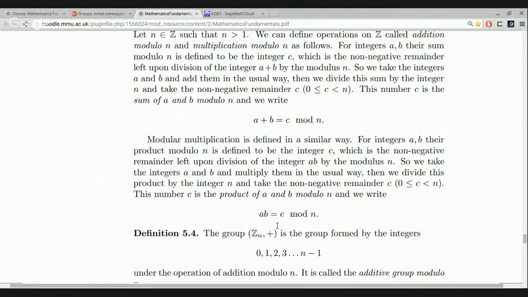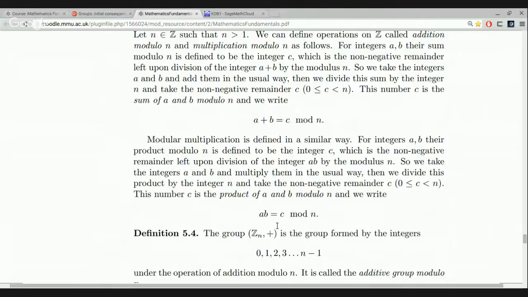For the additive groups, Zn plus, the set Zn is the set of elements 0, 1, 2, up as far as n minus 1. This is what's sometimes called a complete set of residues modulo n. These are all the remainders that you can obtain when you divide integers by n.